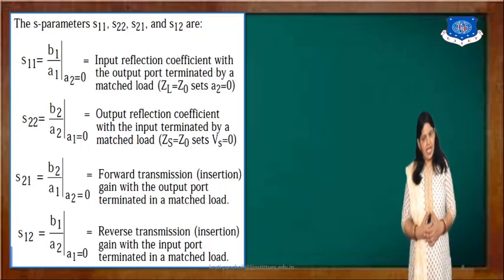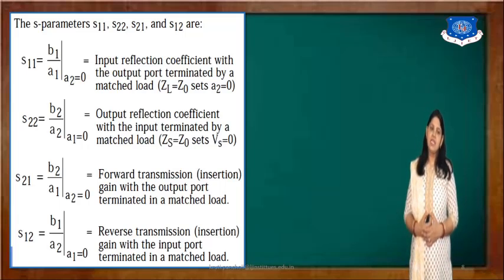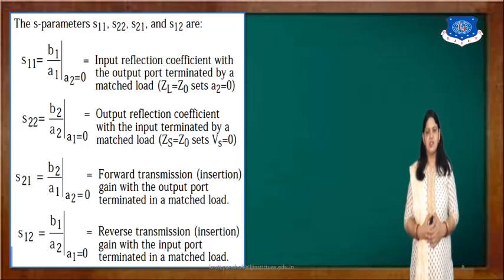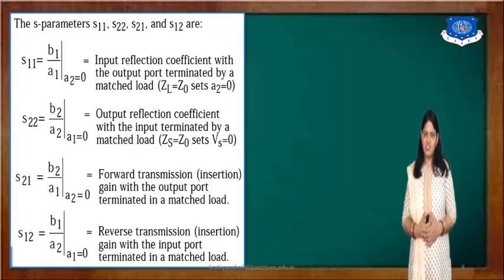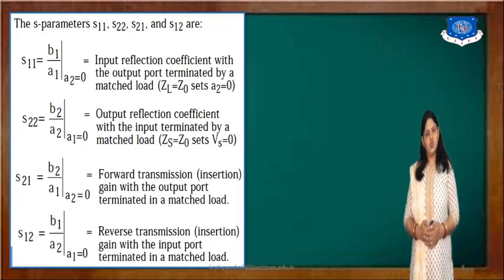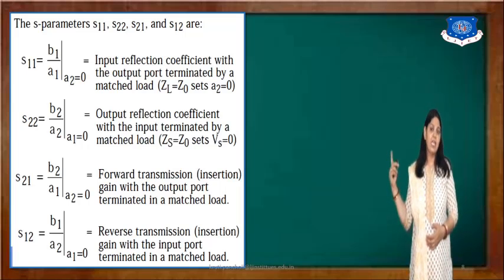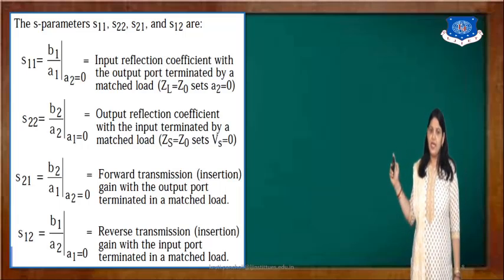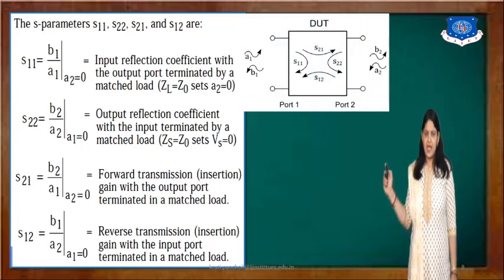So in the case of S21 and S12, the forward and reverse transmission, the opposite port is connected with the matching load, so that the value of A2 and A1 will be 0. These are equations that can be useful for solving examples related to S parameters.